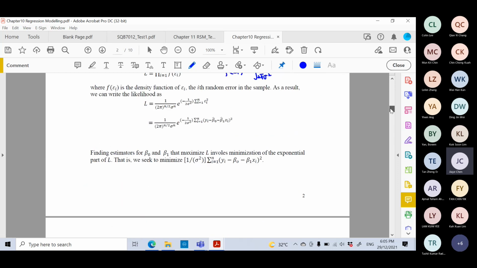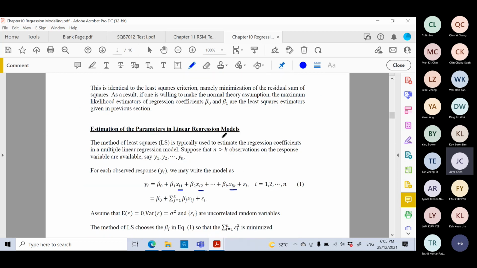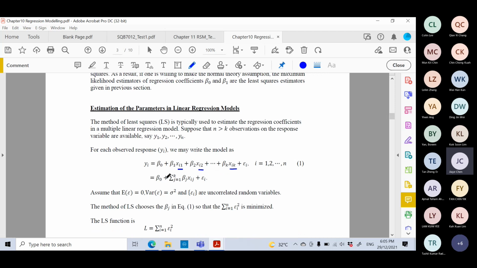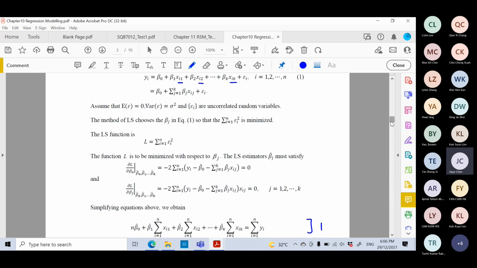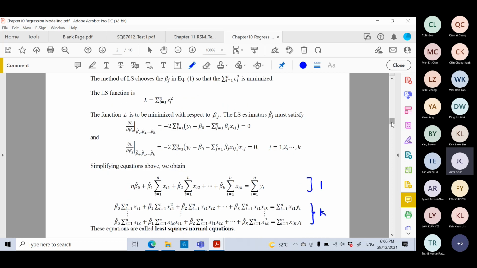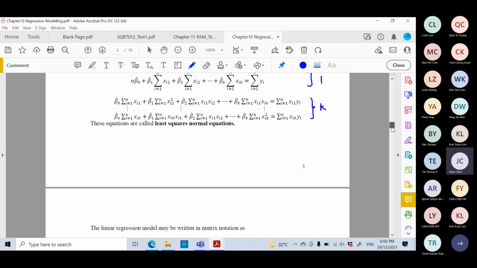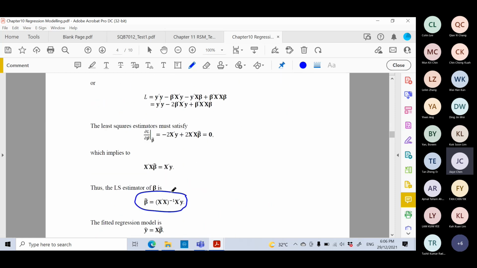For multiple linear regression, you have beta naught until beta k if you have k factors in the full model. I also showed you how to estimate them using the least squares technique or the maximum likelihood technique.